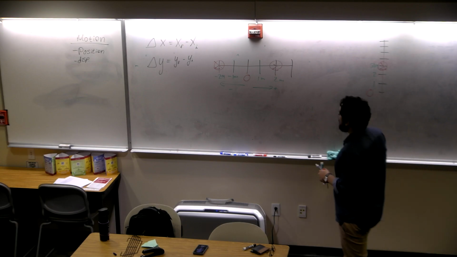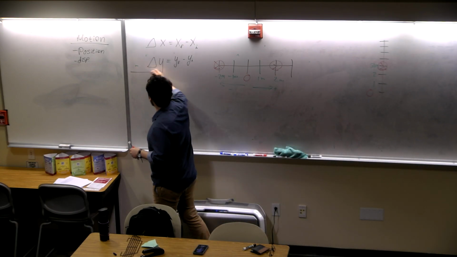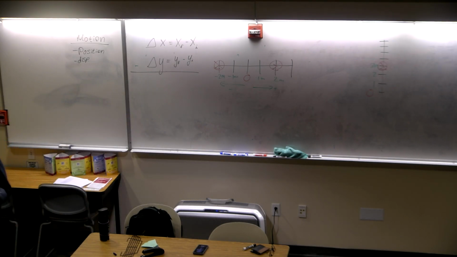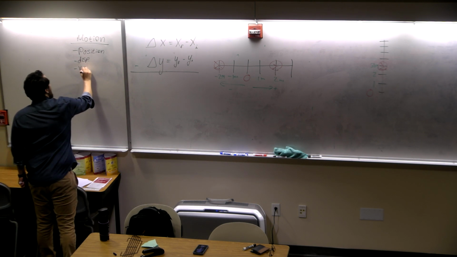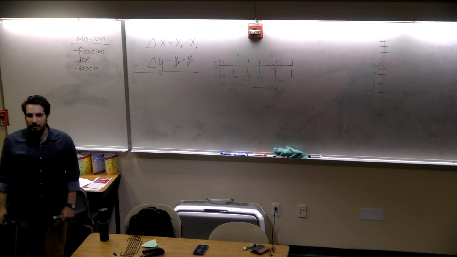And after that, we moved on to say, well, we might want to know how quickly does that position change? So you look at this displacement, you figure out how long did that displacement take, and you can define from those quantities a velocity. You look at how quickly the displacement happened.